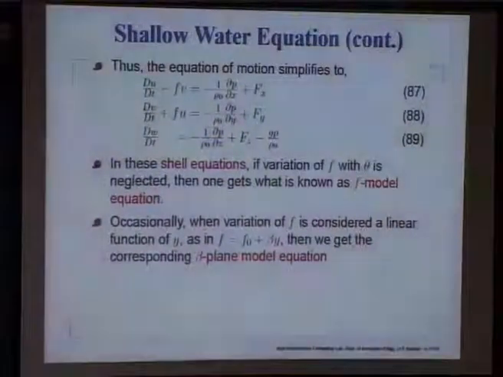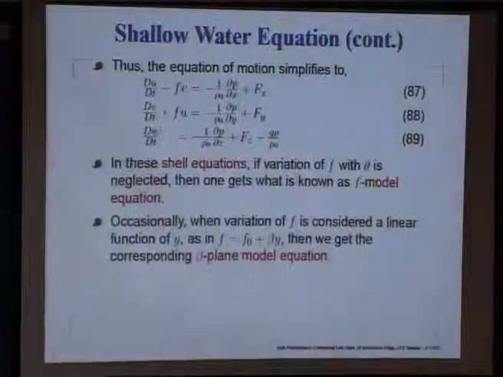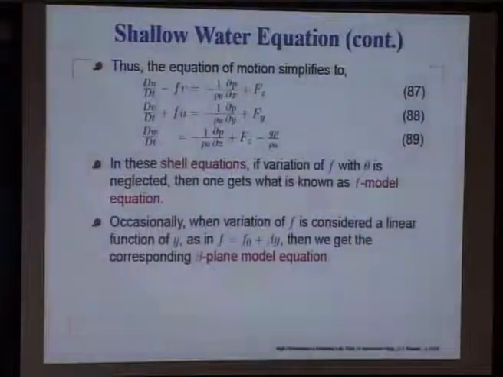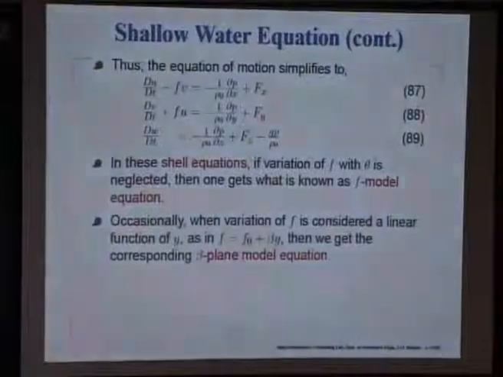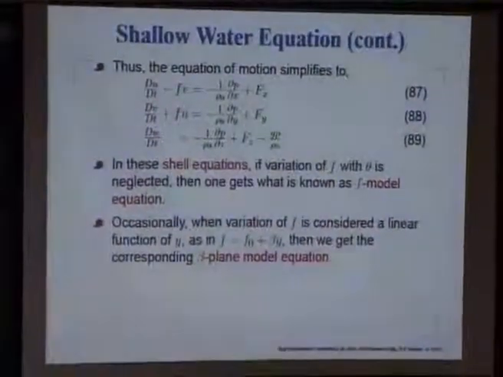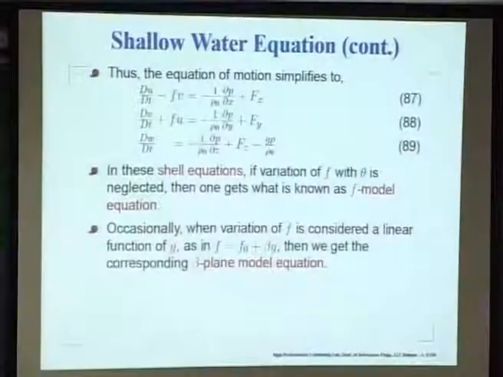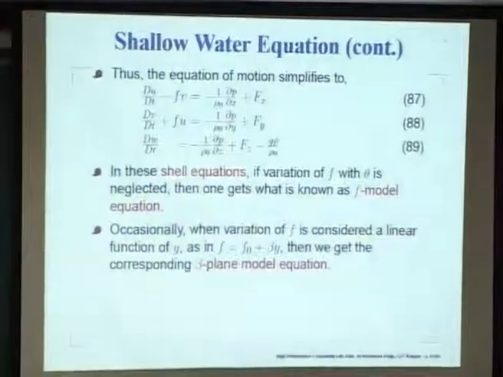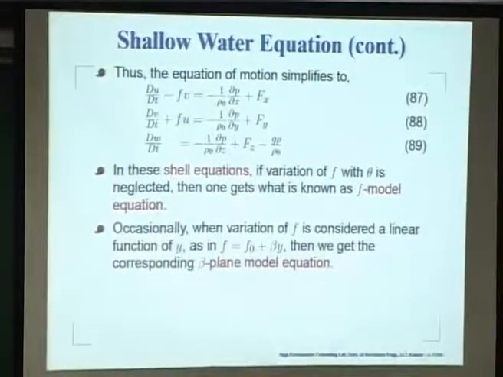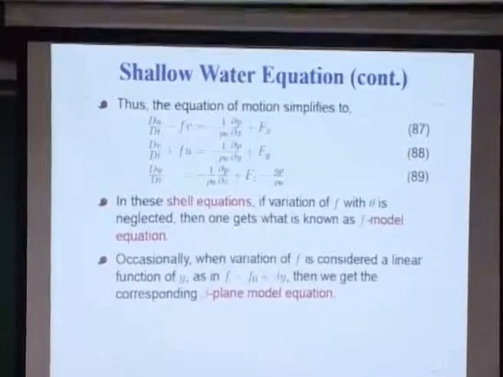When you are little more adventurous, you want to look at a larger area where latitude varies significantly, then you can look at your central latitudinal position that determines the Coriolis term f naught. To that you add the variation of this f with the y direction. Okay. And when you do that, so this is some kind of del f del y term.